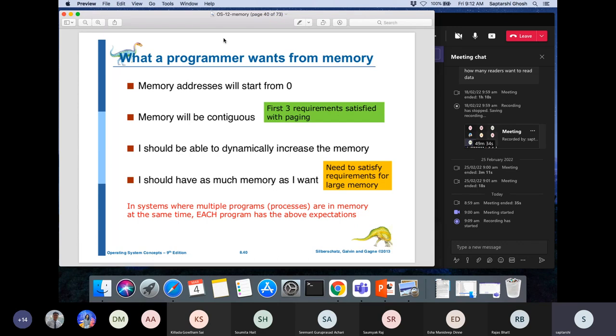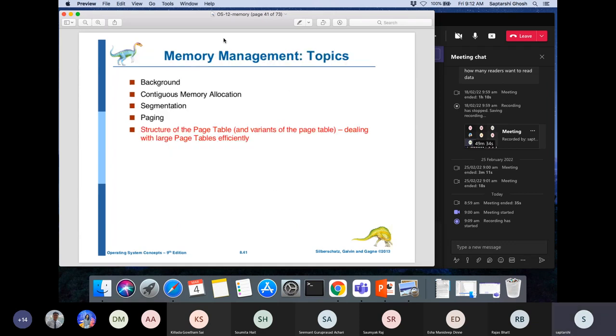But nowadays, page tables are getting larger because every page has to be tracked. A few bytes are needed to keep the information of every page in the page table. So as programs demand more memory, more entries need to be kept in the page table, and page tables are becoming huge. So the main challenge is dealing with large page tables efficiently. That is what we are discussing now.